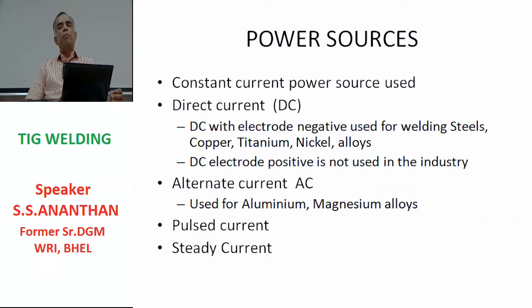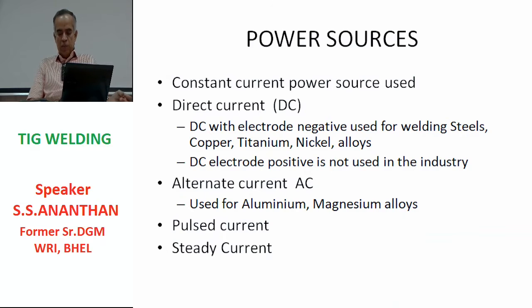The second type of electrical power supply which is used is the alternating current power supply, which is used in aluminum welding, magnesium welding, and their alloys. Why we prefer AC specifically for aluminum welding is because of the oxide cleaning nature which is available in DC electrode positive.